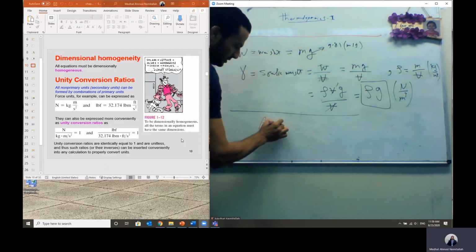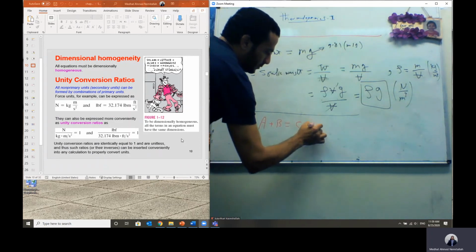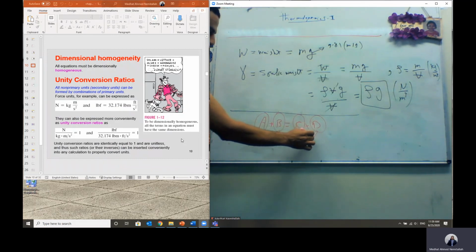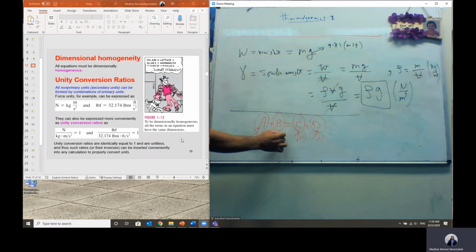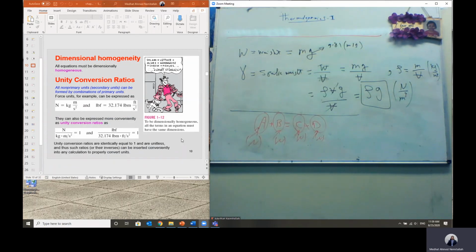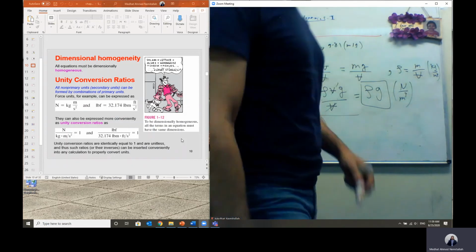If you have an equation A plus B equals C plus D, that means the unit of term A should be the same as the unit of term B, same as C, same as D. If the unit of term A is Newton, which is the unit of force, then this term should be Newton, this term should be Newton also, and all terms should have the same unit. If it is pressure in Pascal, then all should be in Pascal. If it is pressure in bar, then all terms should be in bar. This is what we call dimensional homogeneity.